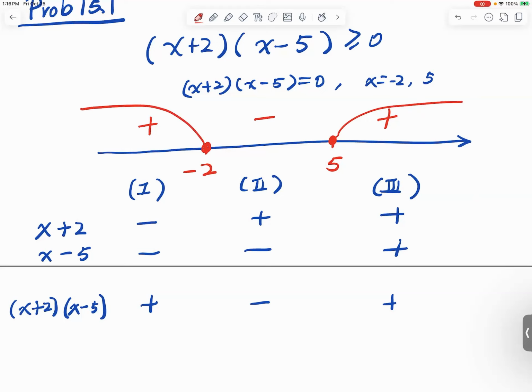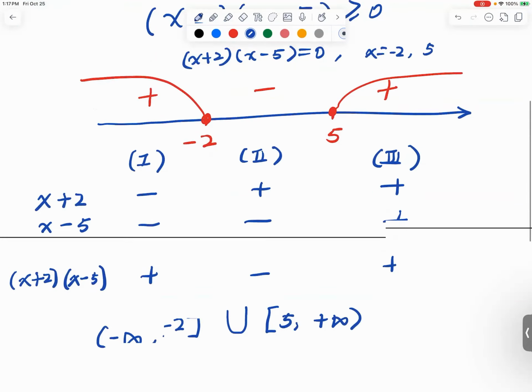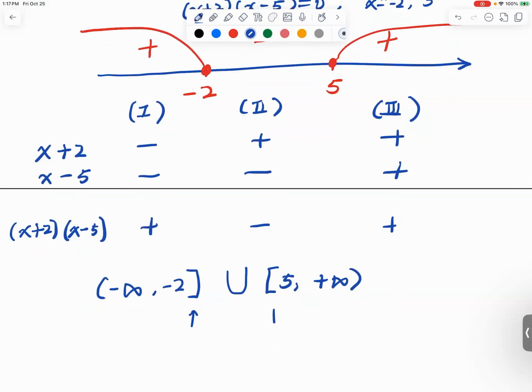So the solution, using interval notation, is from negative infinity to -2, with -2 included, so we use a square bracket, then union from 5 to positive infinity with 5 included. A square bracket means we include that point. If we use parentheses, that means we do not include that number. Okay, so this is this problem.